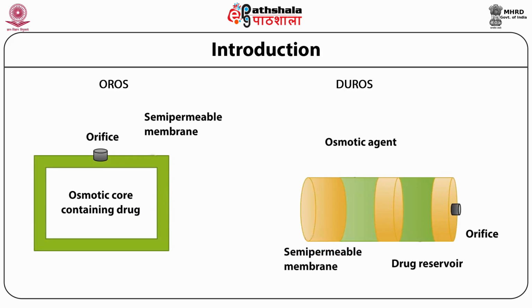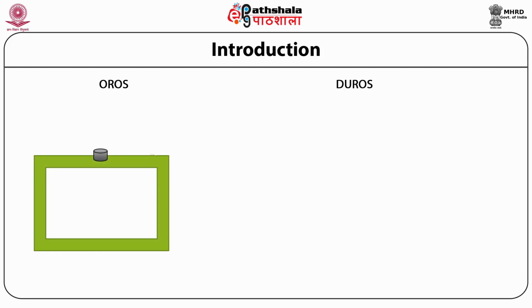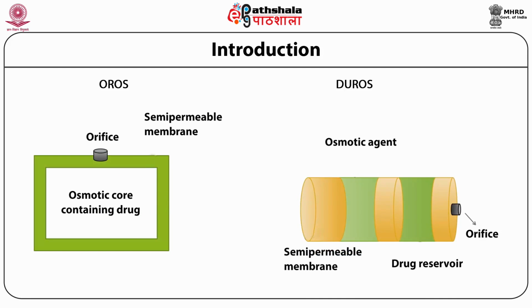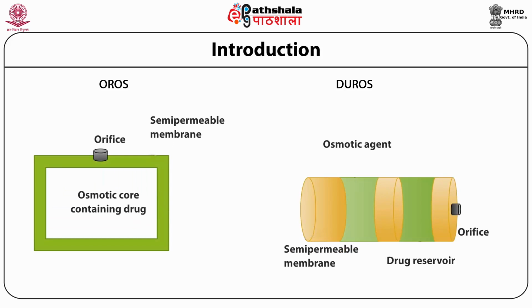That helps in pushing all the content, including the drug, from the orifice or pore to the outside, which is the systemic environment or the blood. These osmotic active materials are salts or some sugars, which you will see later on in the slides.